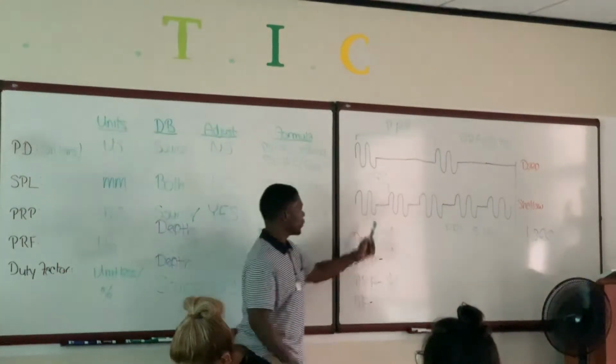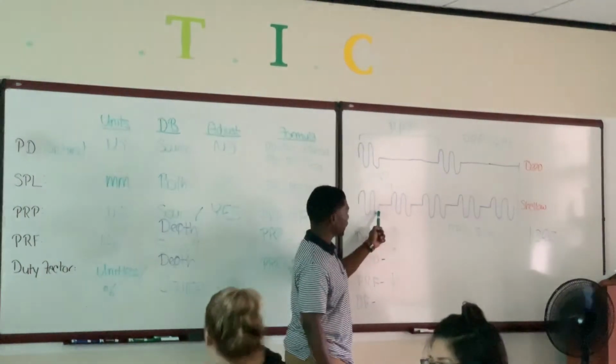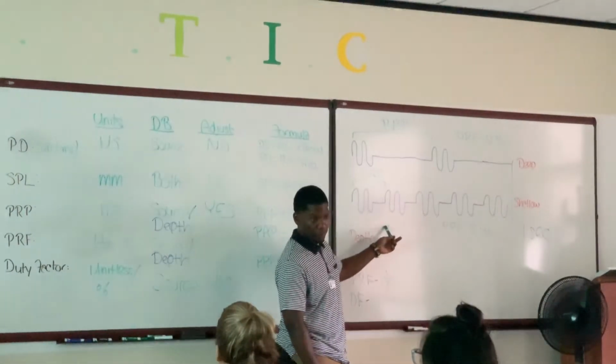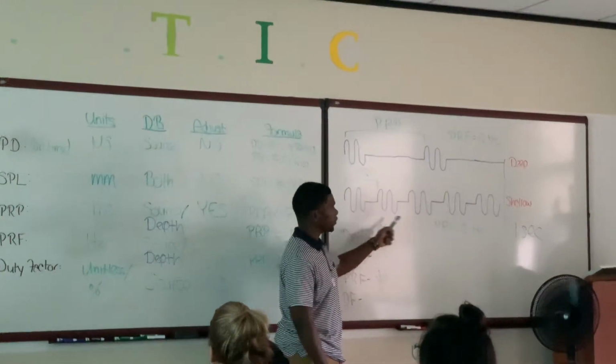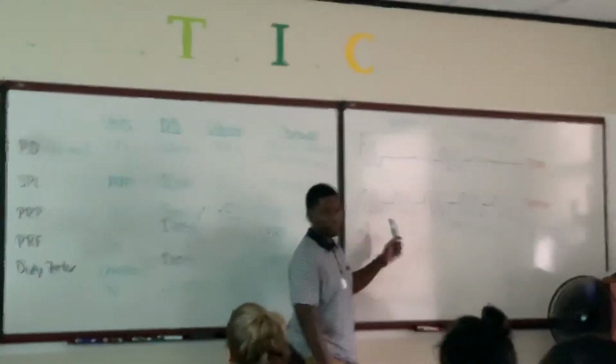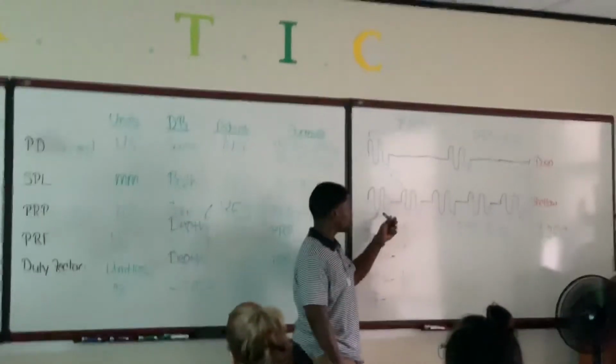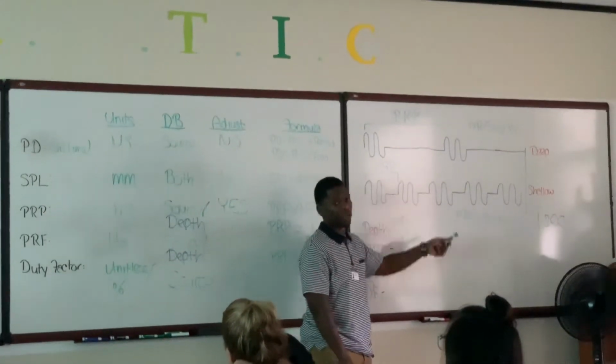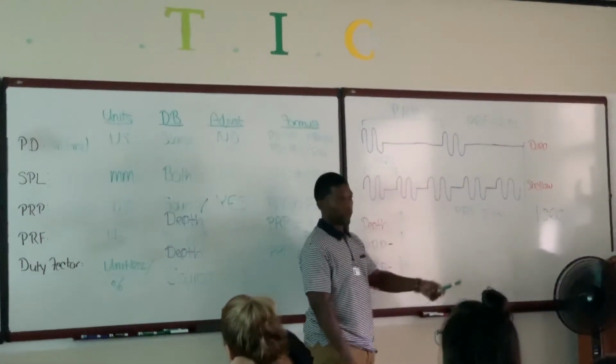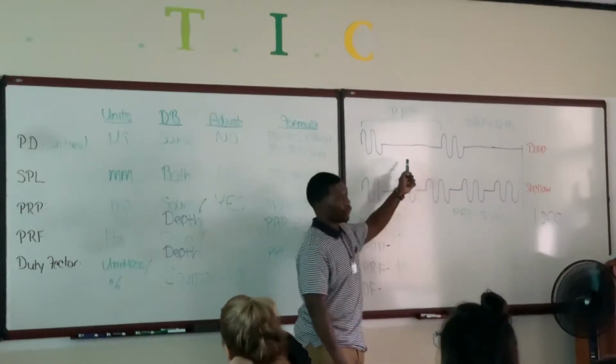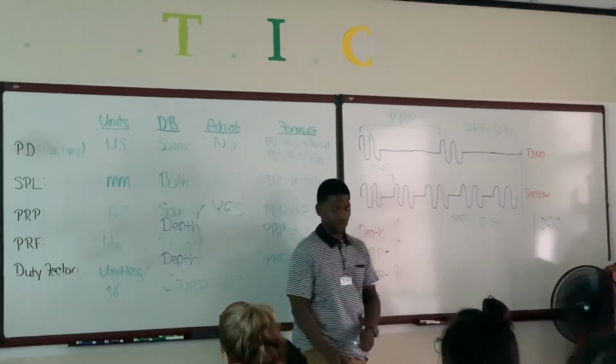Okay? So if we're at this shallow pulse right here, this duty factor is going to be higher because the pulse is being transmitted more often. It is working a lot more than when we visualize deeper structures.